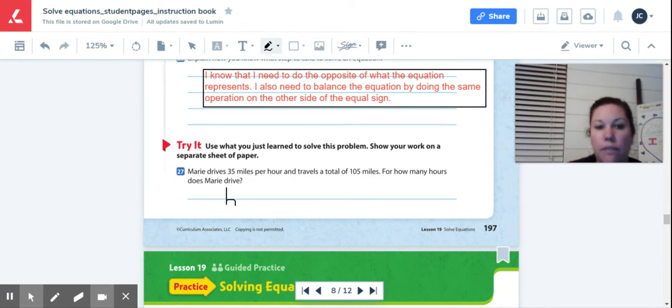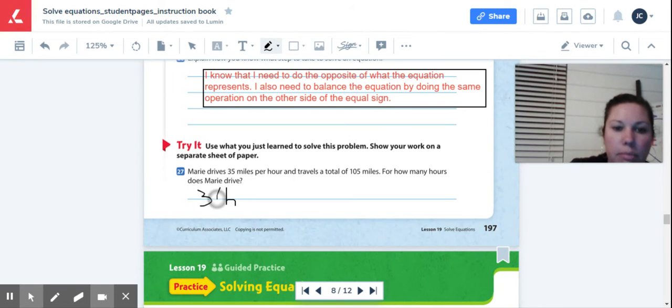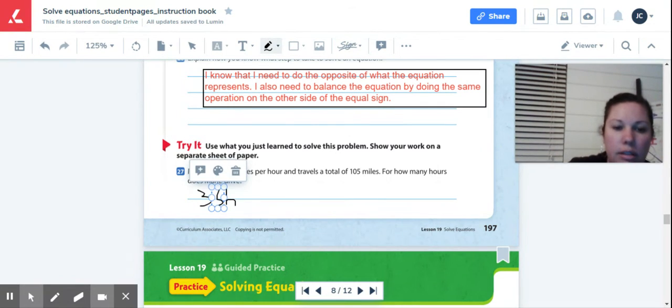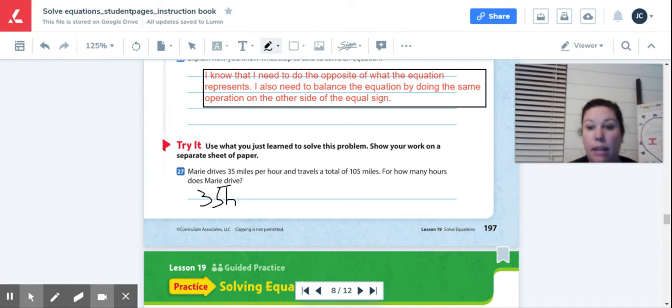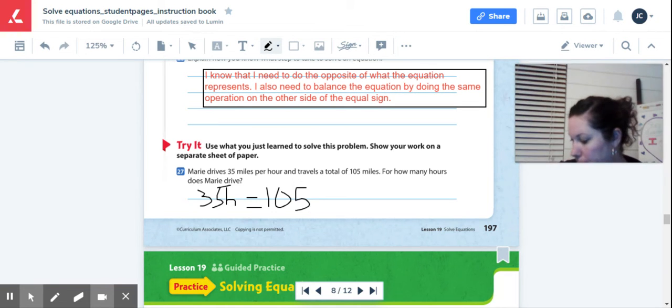She drives 35 miles per hour, so she's going to do 35 miles times H, right? Because if she's doing 35 miles per hour, so that would be 1 hour, how many hours does Marie drive to get to the total of 105 miles? Okay?